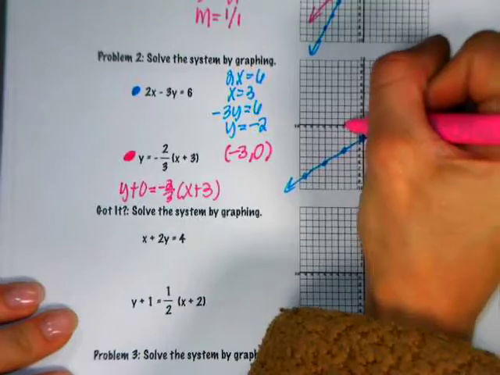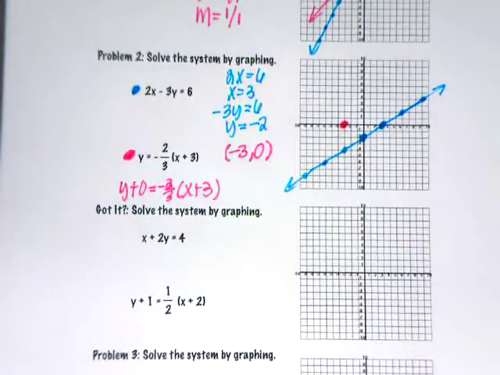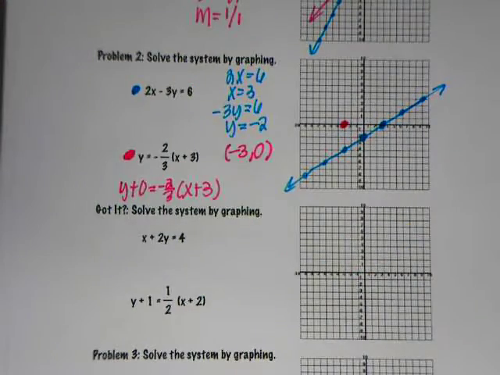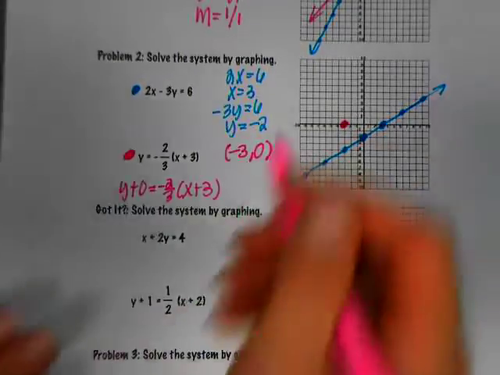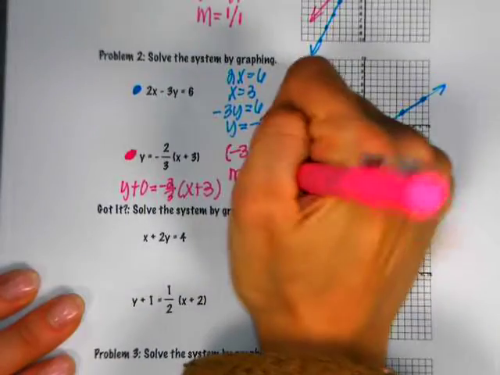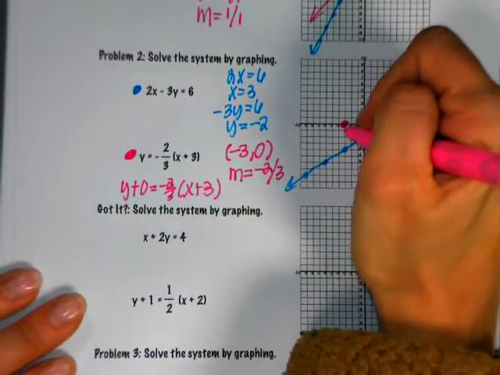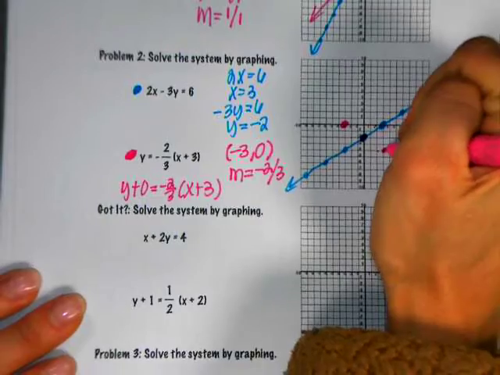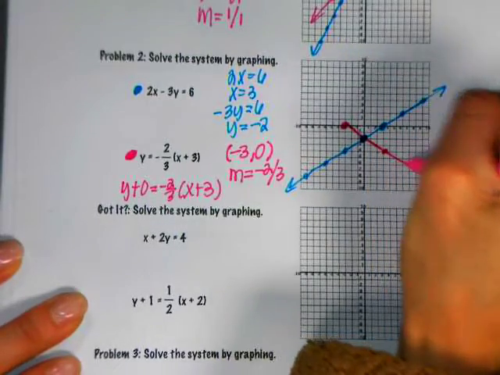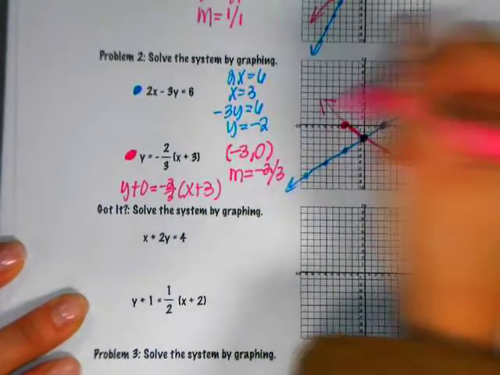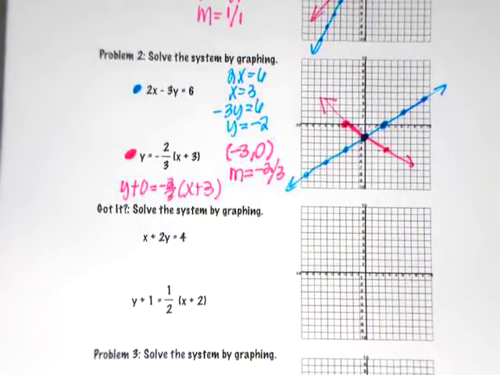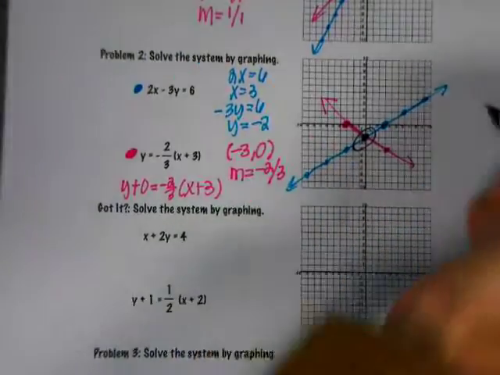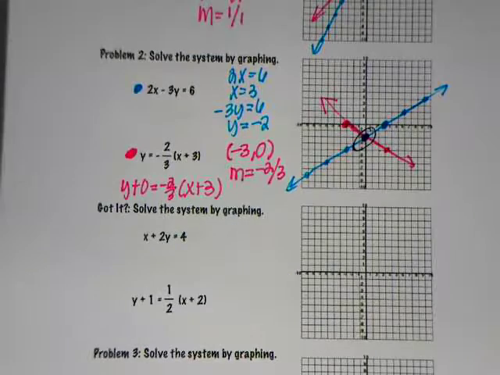So plot that point. And then from there, same thing. What's my slope? Negative 2/3. So I'm going to go down 2, right 3. And I get an intersection point right there. And what's that at? 0, negative 2.